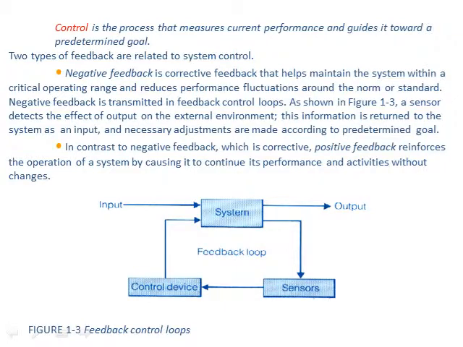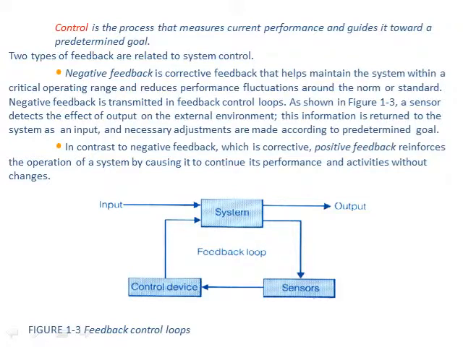And so this idea of control is what helps us to measure the performance of the system and whether it's meeting its goals, and helps us to tweak the operating of the system in order to better meet the goals. And we have control in the form of negative feedback, which is corrective feedback.